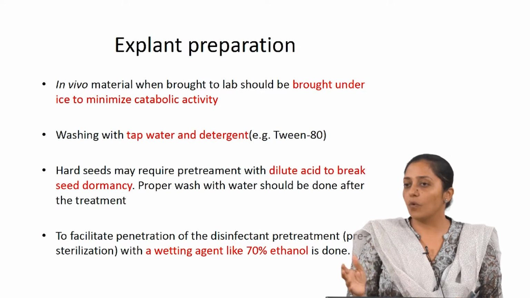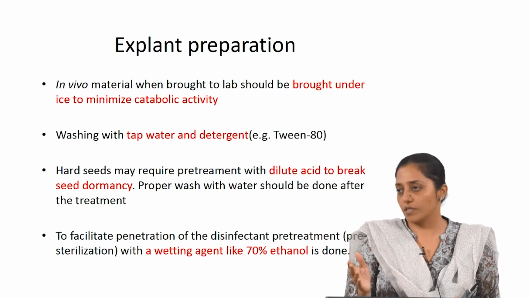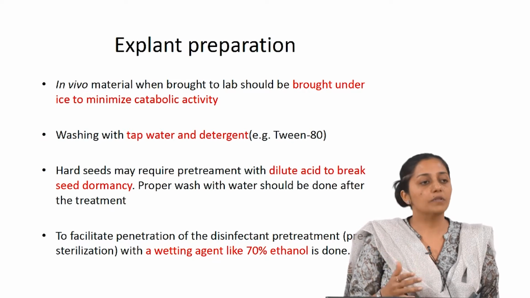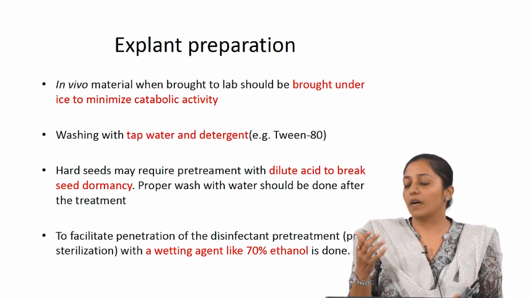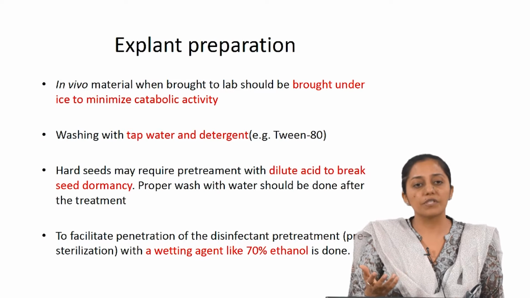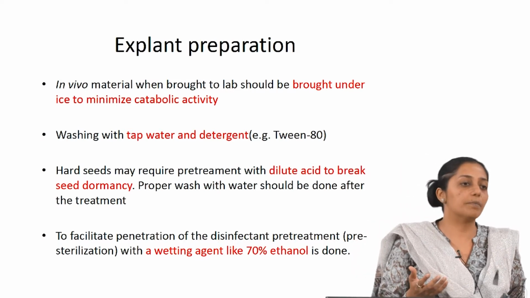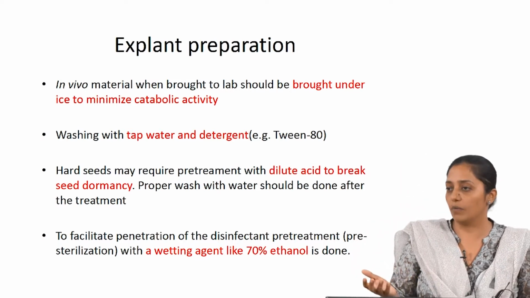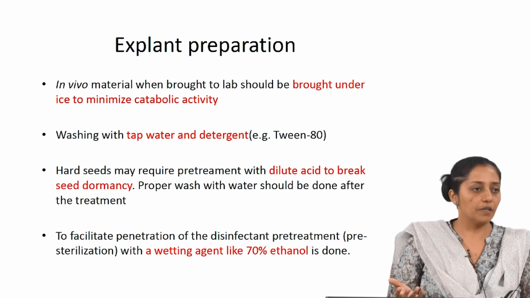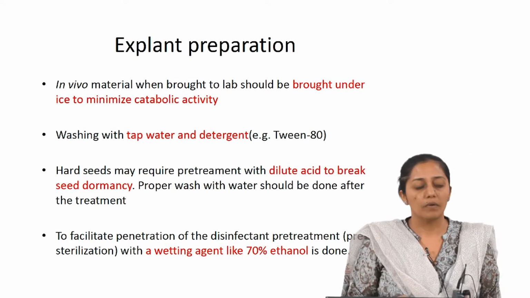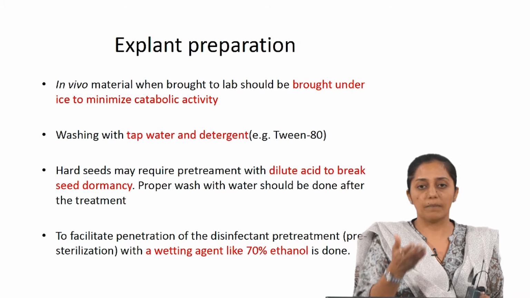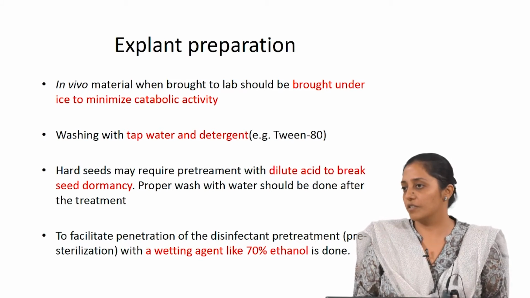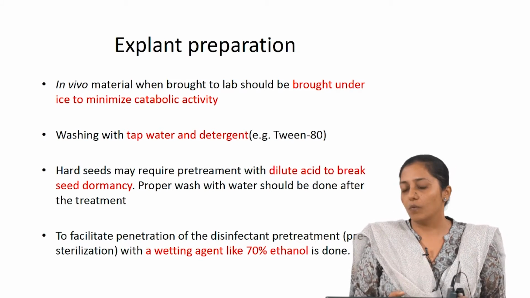Then subsequent washing is done so that the detergent is lost from the surface. Then you treat it with a wetting agent. The generally used wetting agent is up to 70% ethanol volume by volume. This is what is used in plant tissue culture labs. What does a wetting agent do?